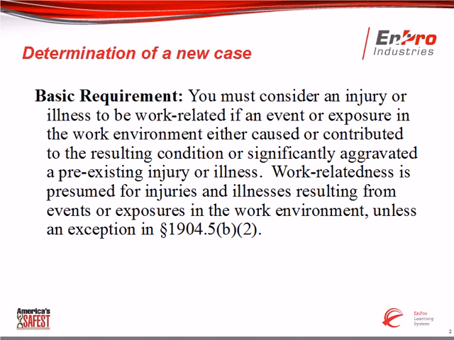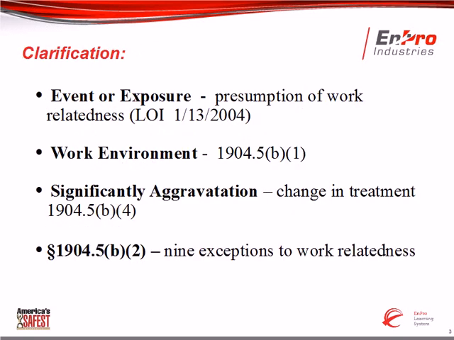Right off the bat with this basic requirement, I have seen some of our internal companies as well as some customers that we work with stumble over some of the terminology written right in the basic requirement. So before we go further, we're going to take some time to dive into some of those terms and make sure that we all understand what they mean and how they apply to OSHA record keeping.